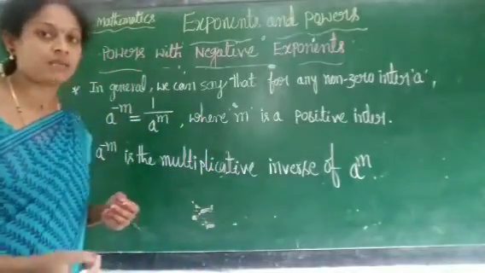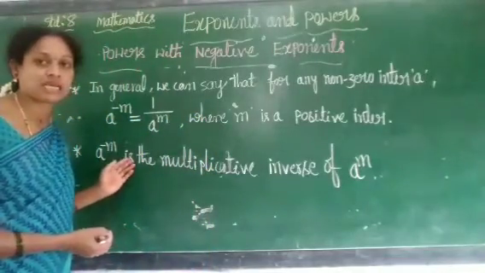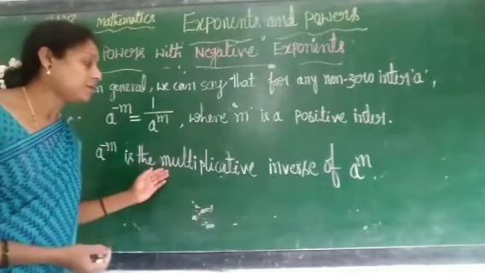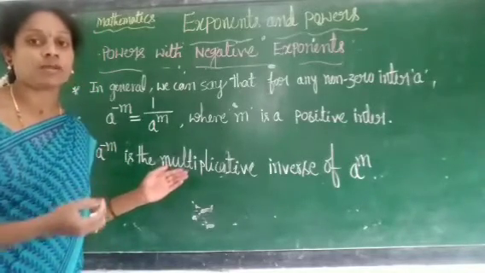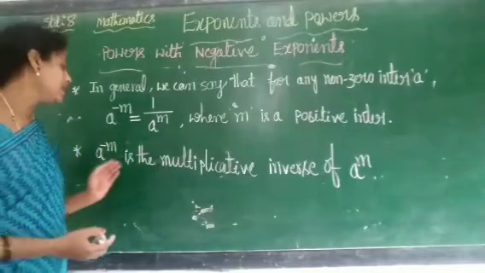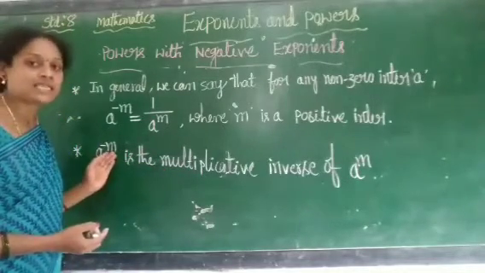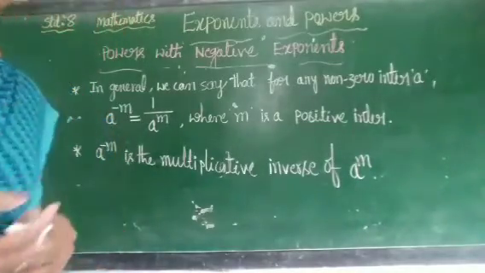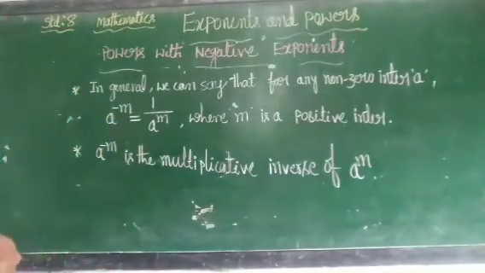And the second point is the inverse process. a to the power minus m is the multiplicative inverse of a to the power m.